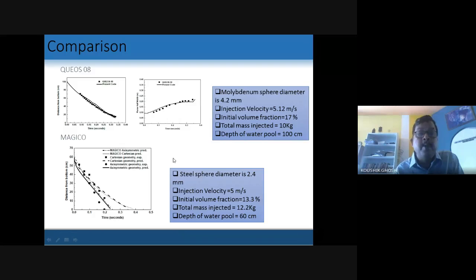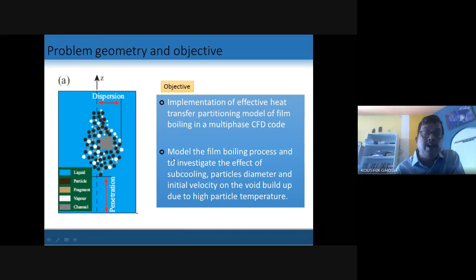Okay. So now the next problem you can see here, the particles are falling. The black ones are particles, and you can see the fragmentation is also modeled here. Fragmentation is due to several modes. There is Rayleigh-Taylor instability, there is Kelvin-Helmholtz instability, and there may be boundary layer stripping.